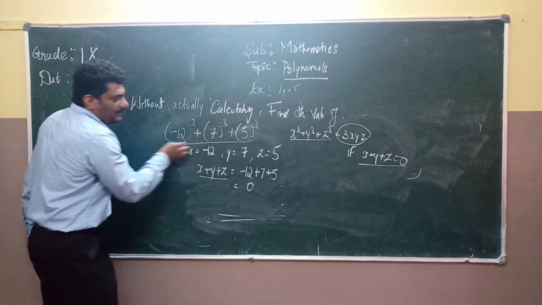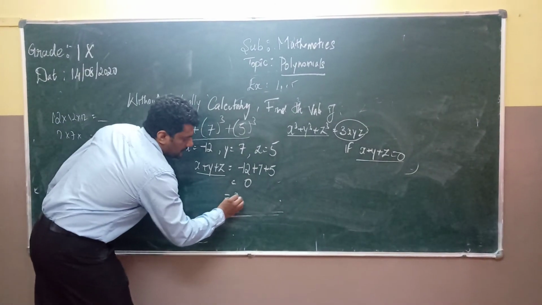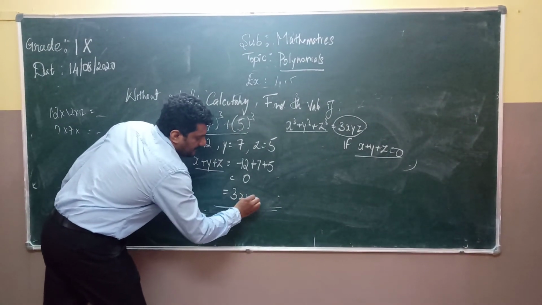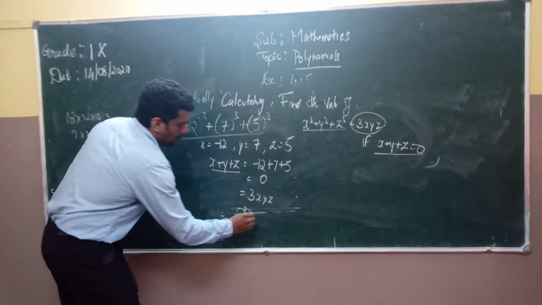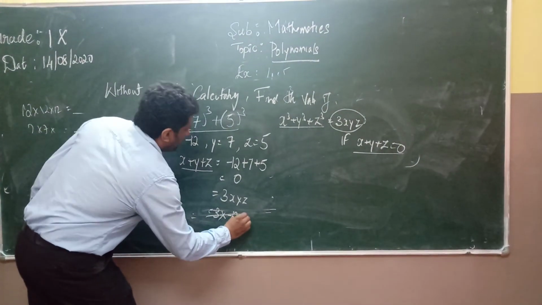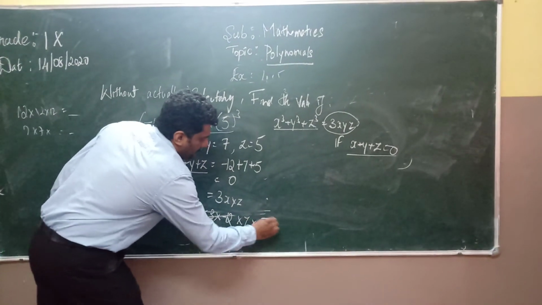So this value will be equal to 3xyz, which is nothing but 3 into minus 12 into 7 into 5.